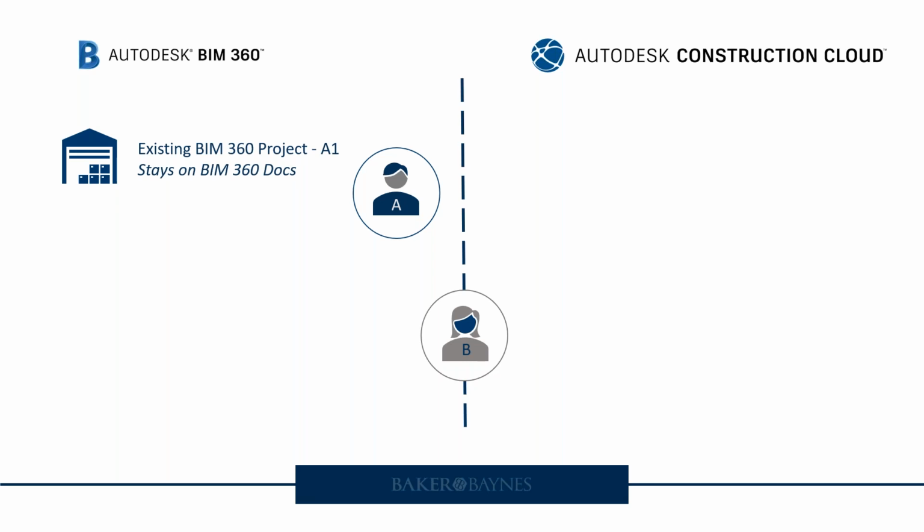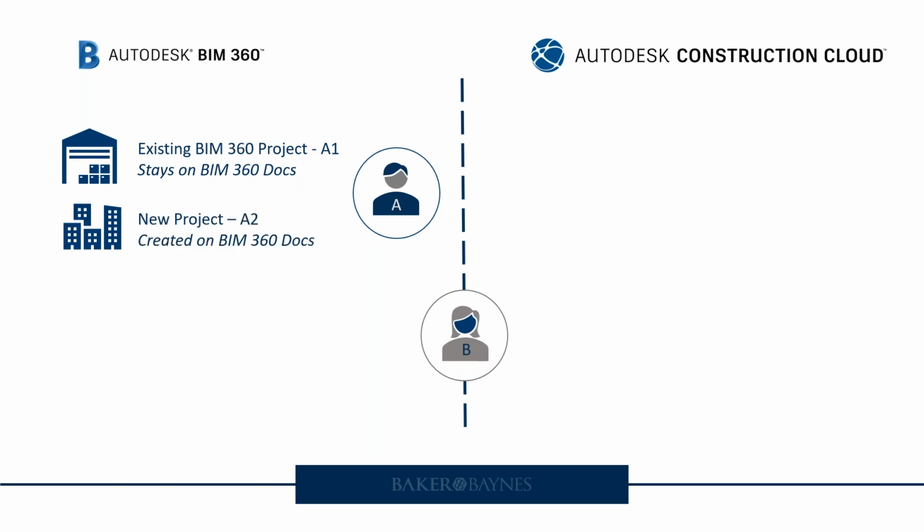So they have an existing project on BIM 360 Docs or whichever other BIM 360 project, A1, and nothing happens to that project. That project stays and continues on BIM 360 Docs as it used to. Still some improvements that Autodesk put out in the updates like they used to in the past.